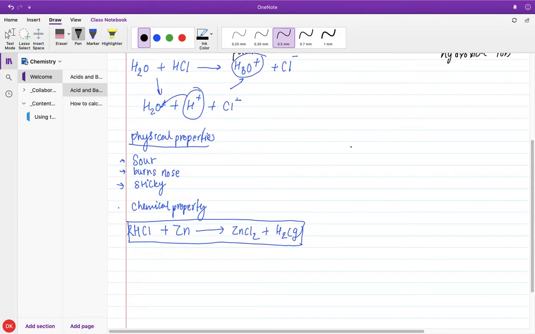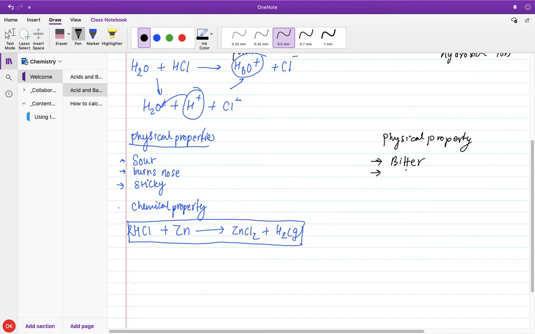So let's look at the physical properties of bases. If acids taste sour, bases taste bitter. You guys can think about what things taste bitter.